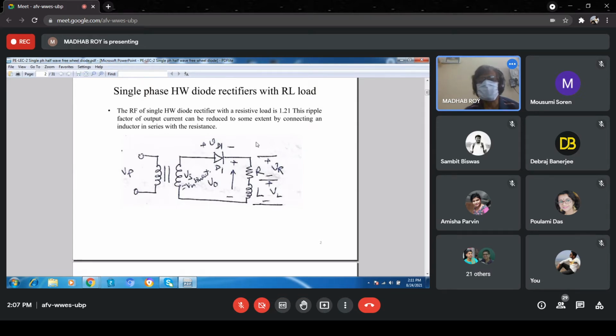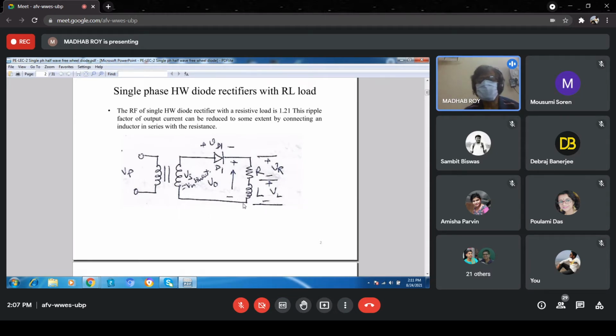That means when current is trying to decrease, it will oppose that rate, how fast it will change, or when current will increase, that is also opposed by this inductance. So this is the main property of the inductance, and how it basically acts.